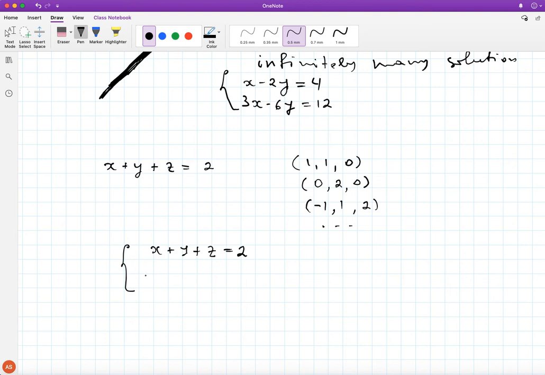And I'm going to add another equation in three unknowns, 2x minus y minus 2z equals negative 2. And this is a system, meaning that we would like to find the values of x, y, and z that satisfy both of these equations at the same time.